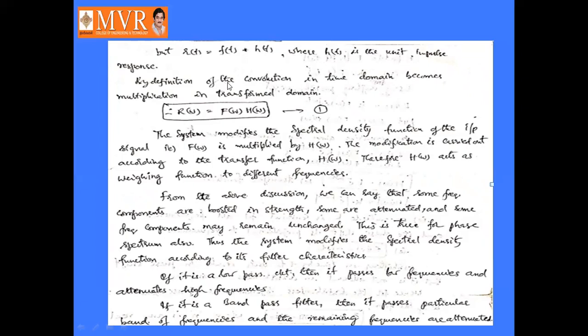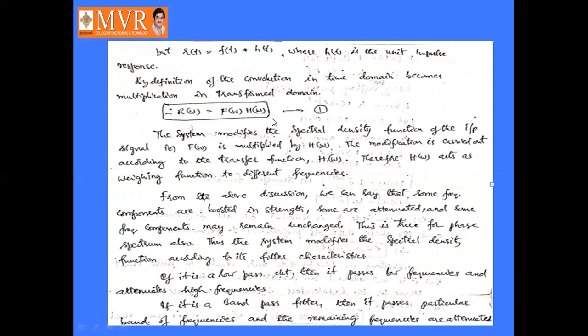Convolution in the time domain becomes simple multiplication in the transform domain, that is the frequency domain. So R of omega is equal to F of omega multiplied by H of omega. Let it be considered as equation number 1.